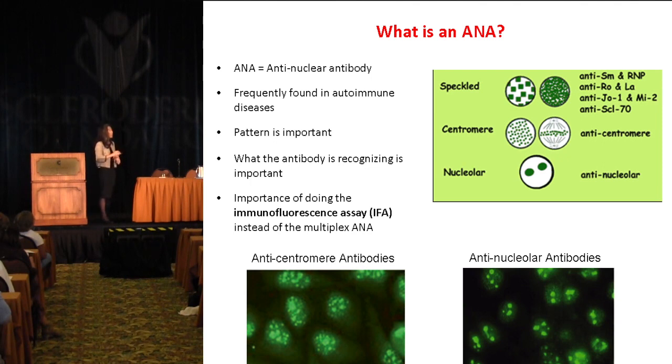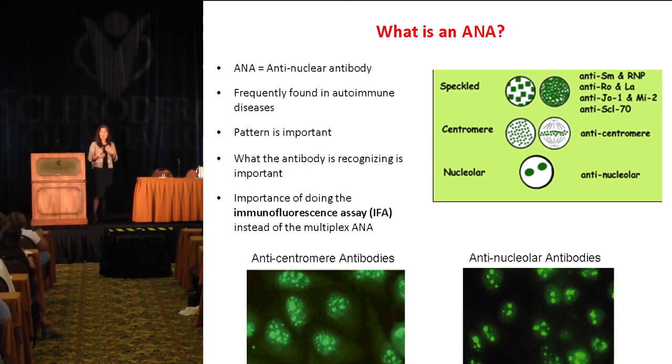I want to take one moment here to emphasize that it's very important that you ask your physicians to do what's called an immunofluorescence assay, where they actually take cells and put your serum on top of those cells. The reason is, Ginny Steen at Georgetown has recently done a study where she found that a lot of centers are using this multiplex ANA, which is a bead assay.